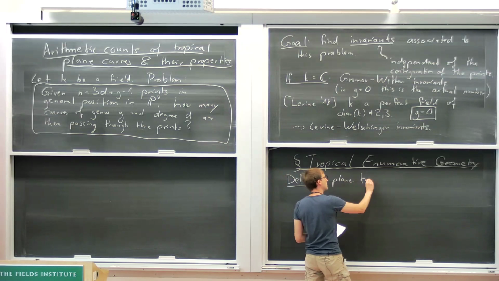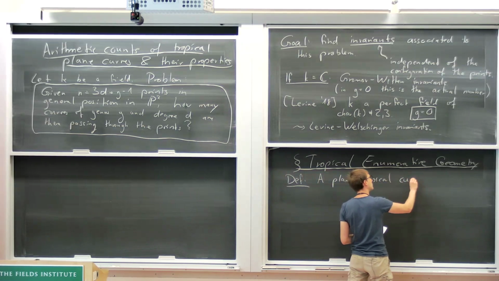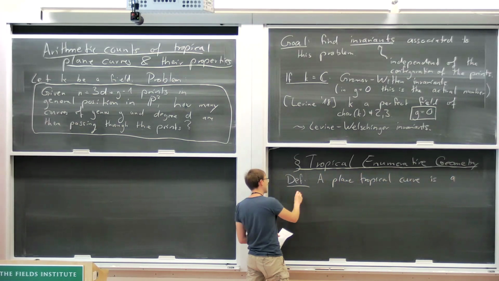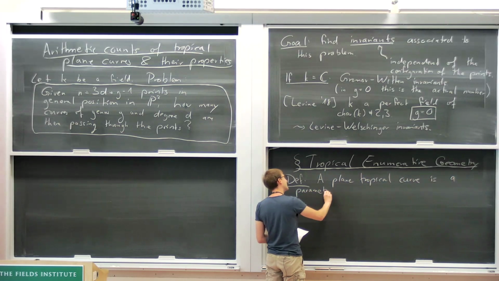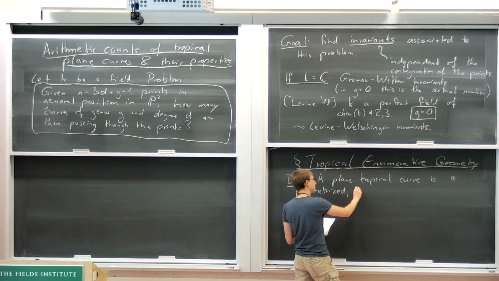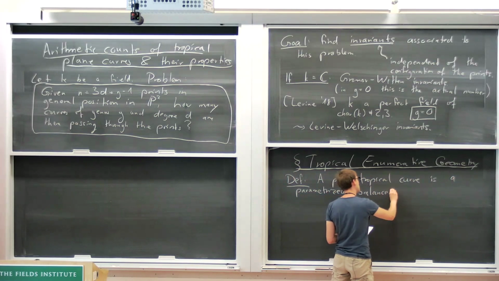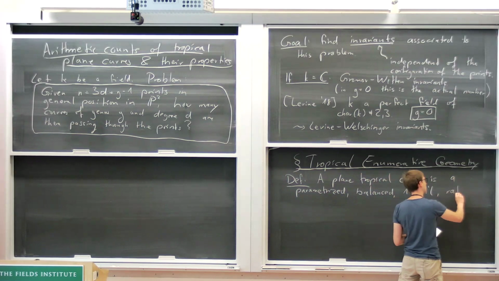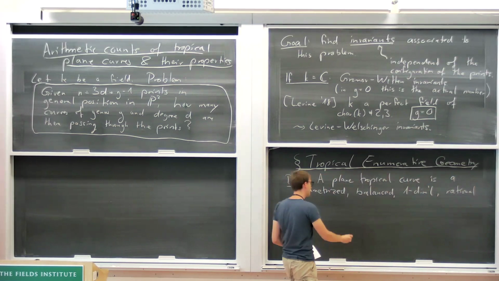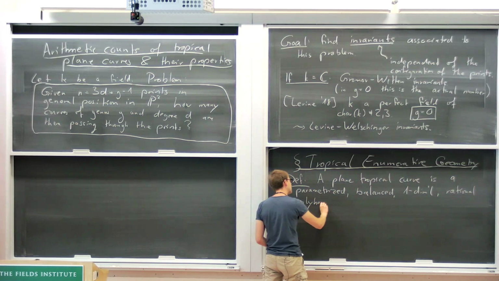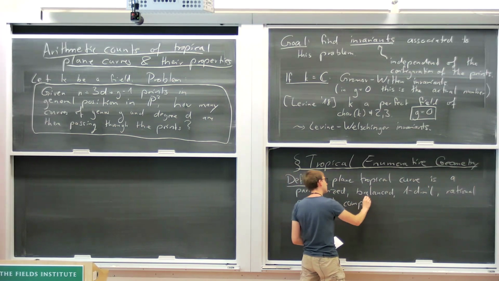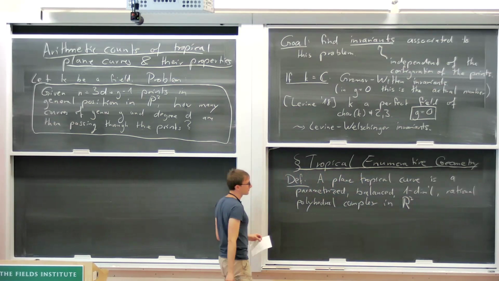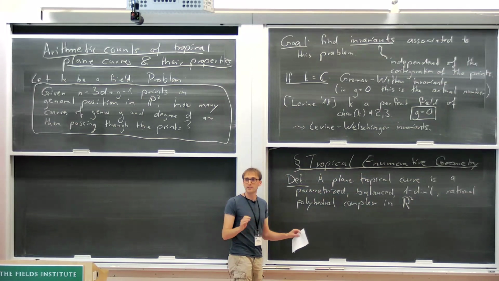A plane tropical curve is a list of adjectives, namely a parametrized, balanced, one-dimensional, rational, polyhedral complex in the plane, but now the plane is no longer some fancy projective plane, it's actually the real Euclidean plane.